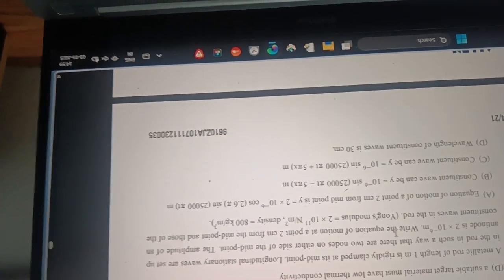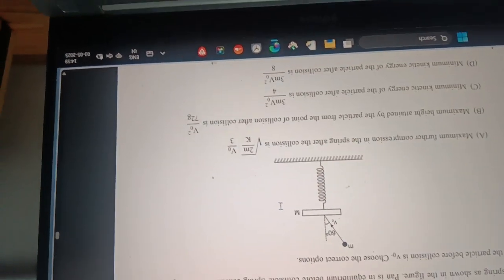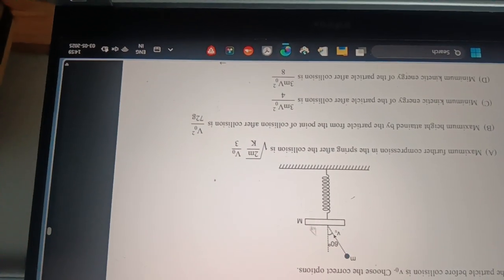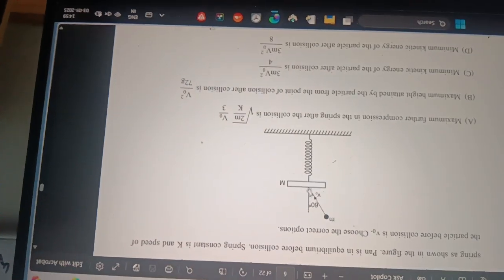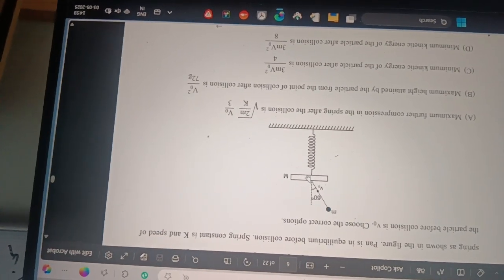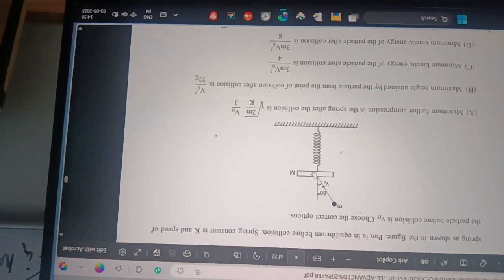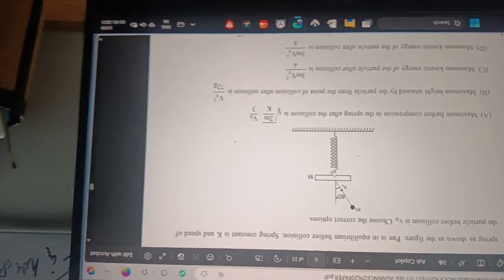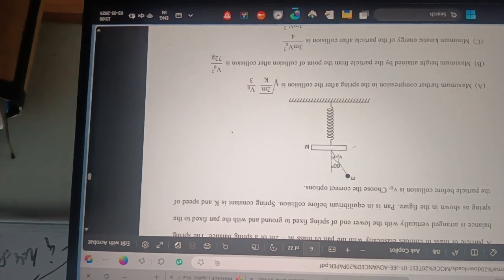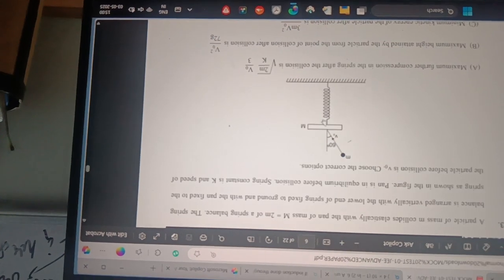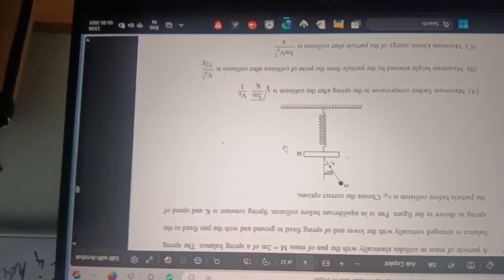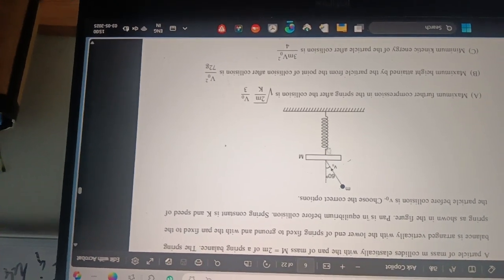And this is SHM. What is this? I don't know. Now in this case collision occurs, and during the collision we have to assume that it occurs almost in zero time, means the collision occurs almost instantly, and the vertical component of the velocity will change because everything is frictionless here, and it will just change its vertical velocity and horizontal will remain the same, and the mass m will get some velocity.